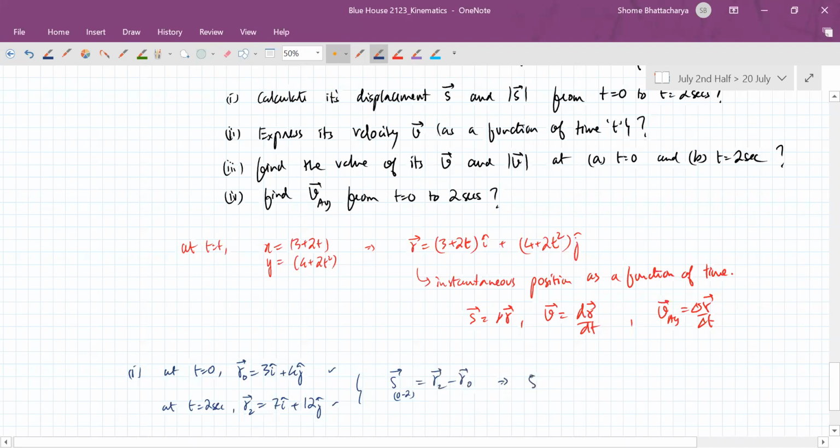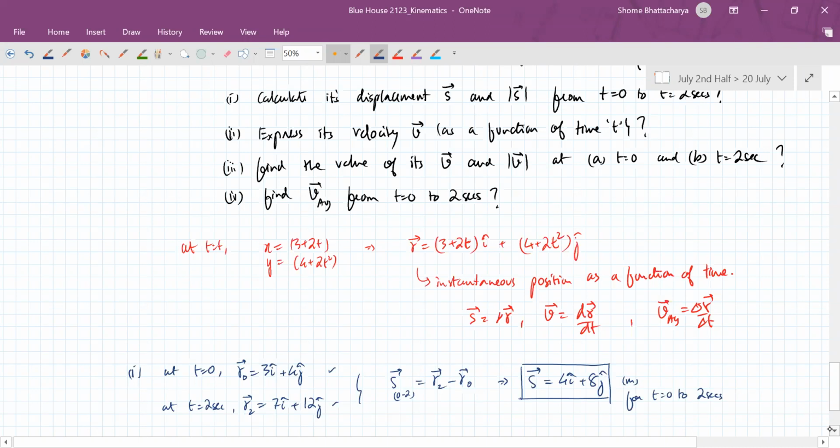So if we find the vector difference of these two, that is 7 minus 3, so 4 i cap, plus 12 minus 4, so 8 j cap, in meters. So this is the displacement for the time interval t equal to 0 to 2 seconds.